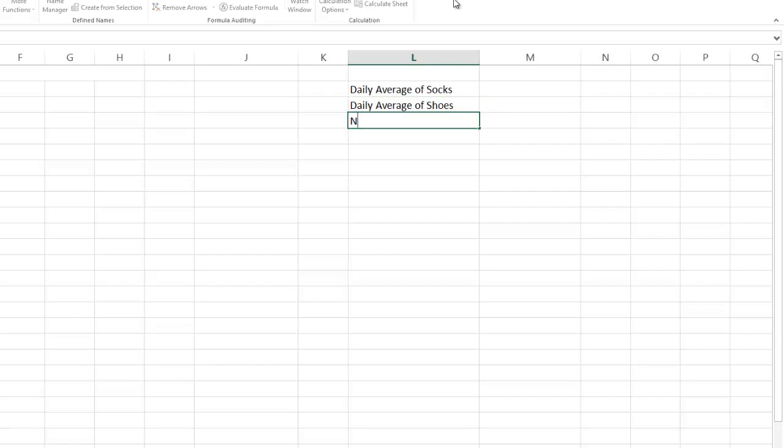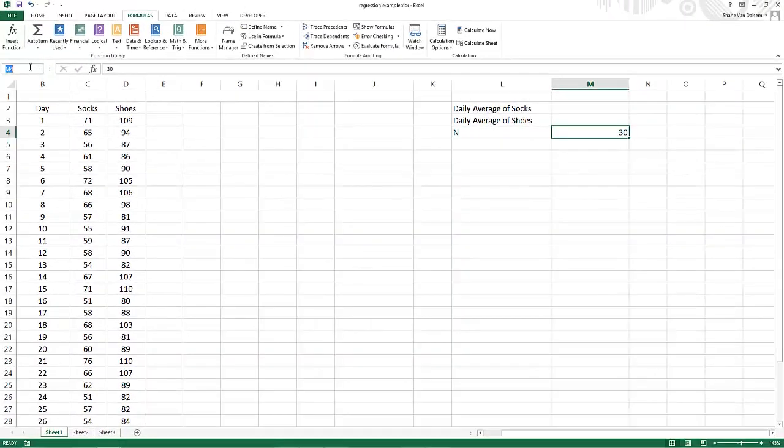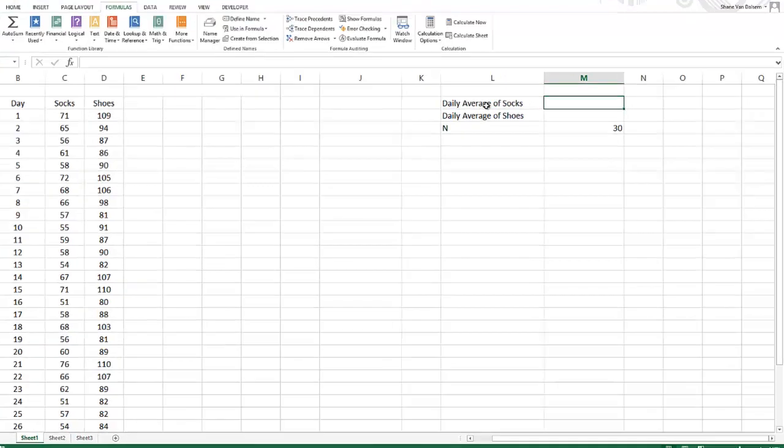So this is n, and we know the number of observations is 30. I'm going to name this cell obs, because we don't want to name it n, as it would reference the column n.